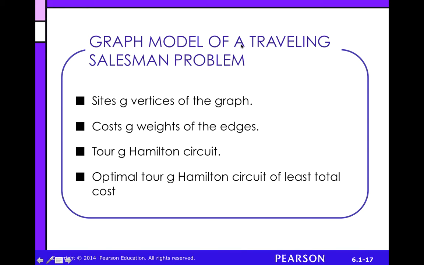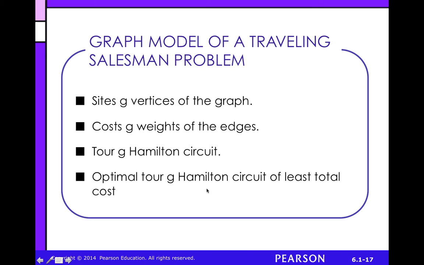So how do we model traveling salesman problems with a graph? The delivery sites, or the visiting sites, whatever context you're in, are the vertices. You label each edge with the corresponding cost, and you want to find a tour through the graph that's a Hamilton circuit. And again, that just means a circuit in which you visit each site, or each vertex, exactly once.